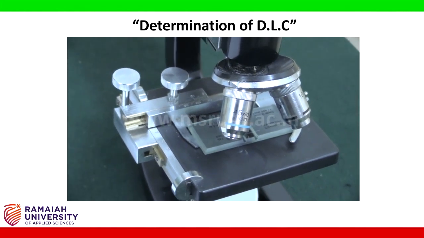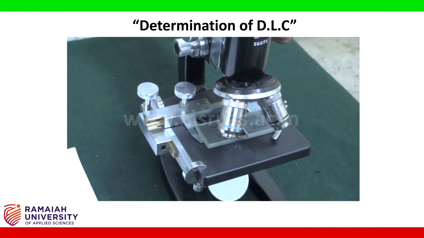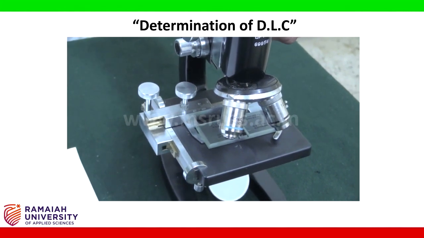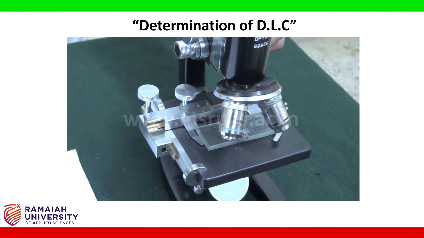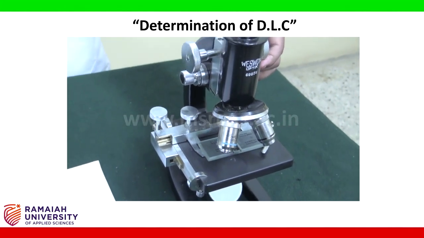Now focus the counting area, that is WBC counting area, and use the fine adjustment to identify the WBCs under low magnification. The WBCs appear as round, shiny and darkish dots with a halo around them.